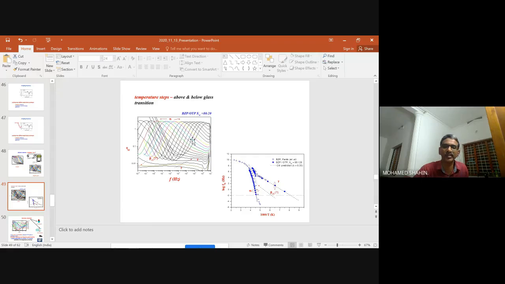We have already seen that after taking the measurement, for a particular temperature you note down the loss. Each temperature would have a particular loss peak, which is called the characteristic frequency of that particular process. And you take the log and plot it against reciprocal temperature, 1 by T. If you have 200 and 400 degrees, 1 by 200 is equal to 0.005.